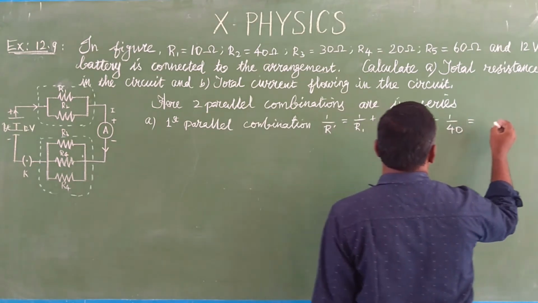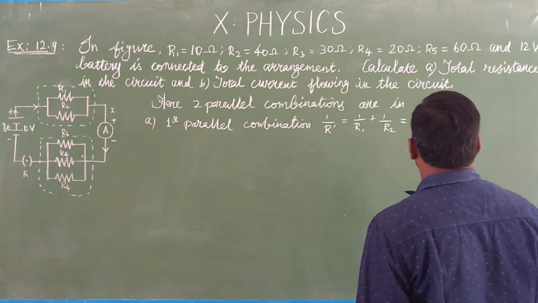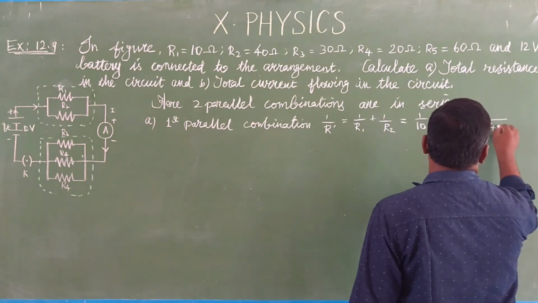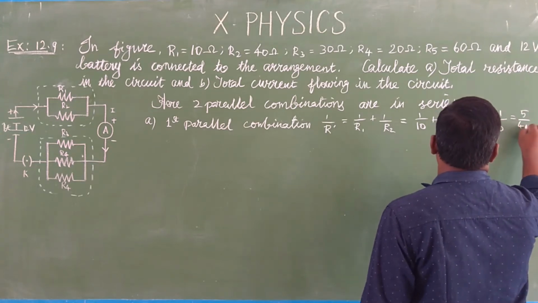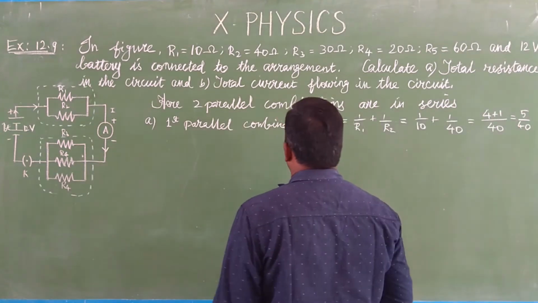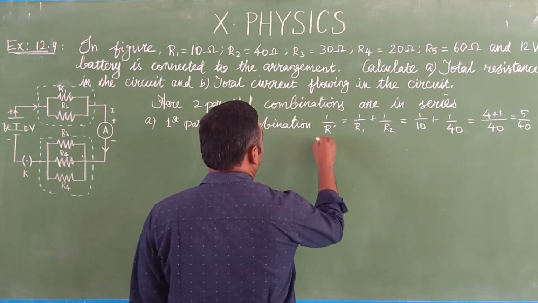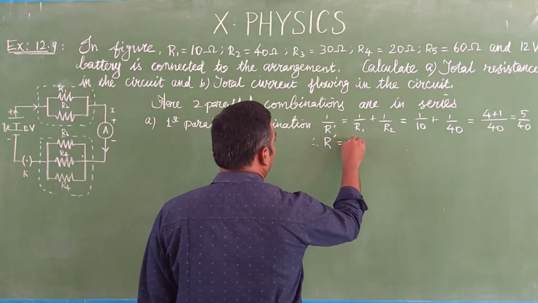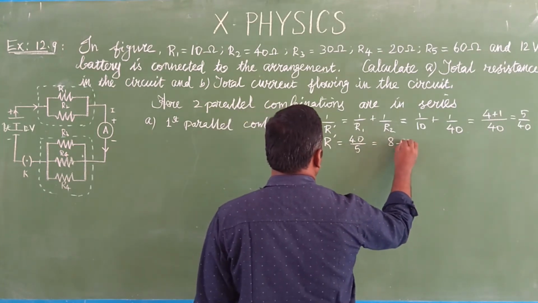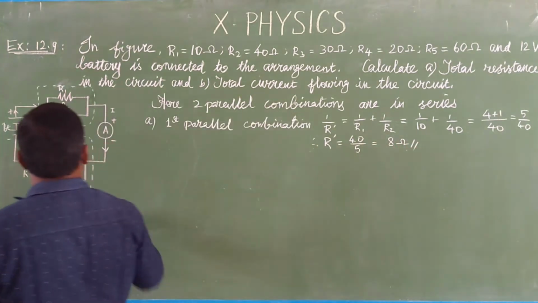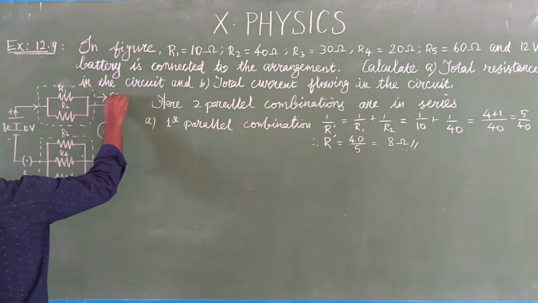If you take LCM, it is 40. So 4 plus 1, which is equal to 5 by 40. Therefore R dash is equal to 40 by 5, which is equal to 8 ohm. So this parallel combination value is 8 ohm.